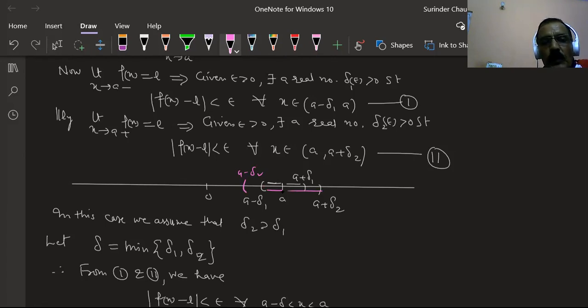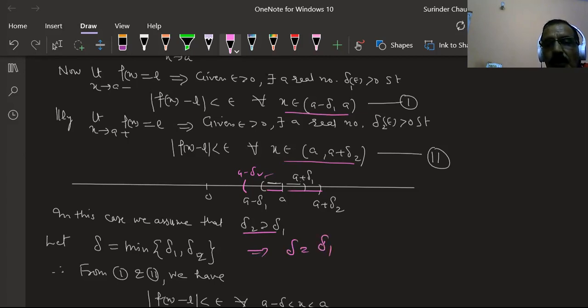Both inequalities hold if I take delta as the minimum of these two. Now I am making this domain common, an equal domain. So delta 2 is greater than this, and in this whole domain from this to this, delta is equal to the minimum of delta 1 and delta 2, which here means delta equals delta 1.